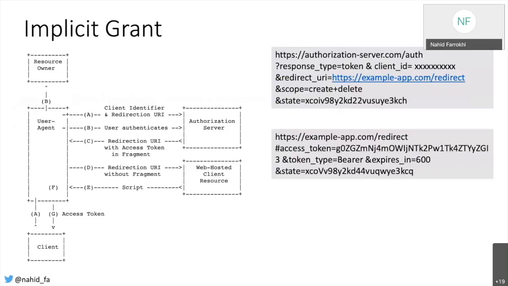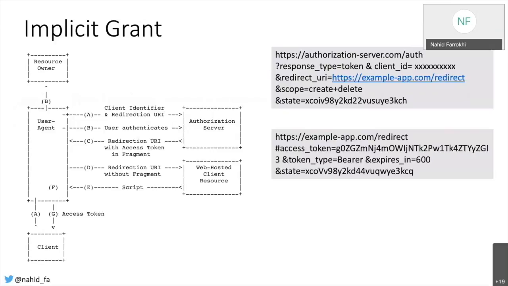Because this spec was not originally safe, it provides no mechanism to return a refresh token, and it's suggested to have a very, very short lifetime and also limited scope on the implicit grant.